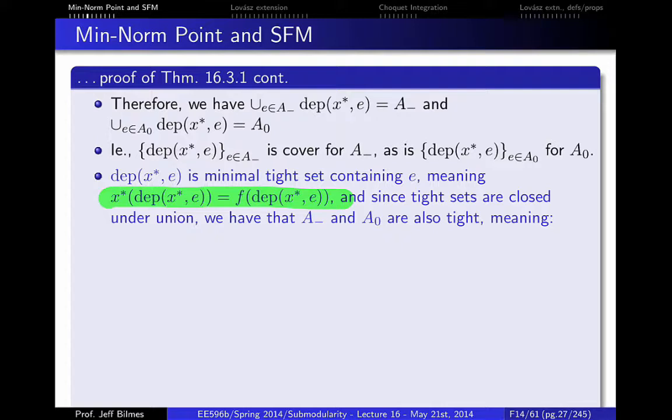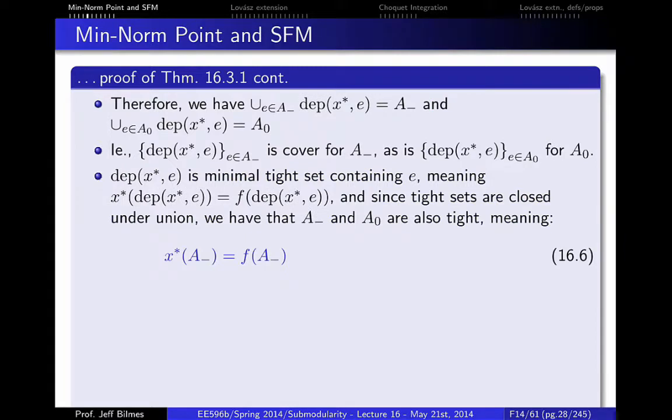So when we union all these depths together, we're still going to have a tight set, right? We don't lose tightness by taking a union. And so therefore A minus and A naught are both tight sets.